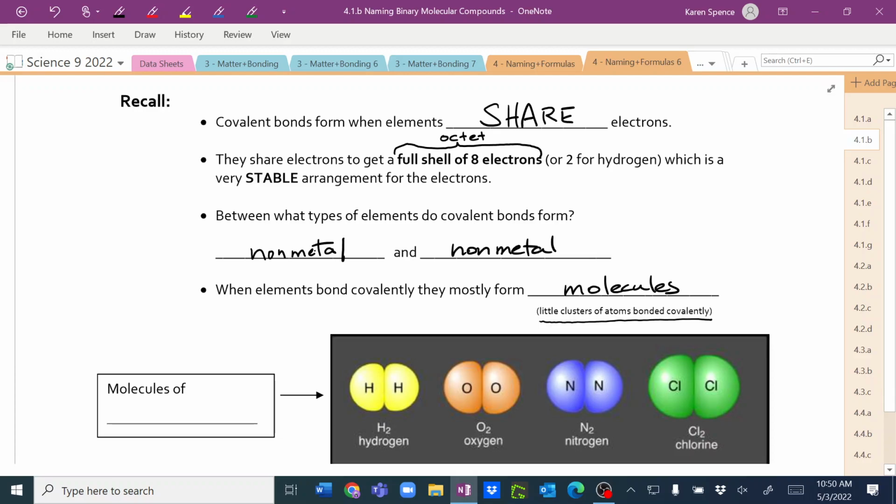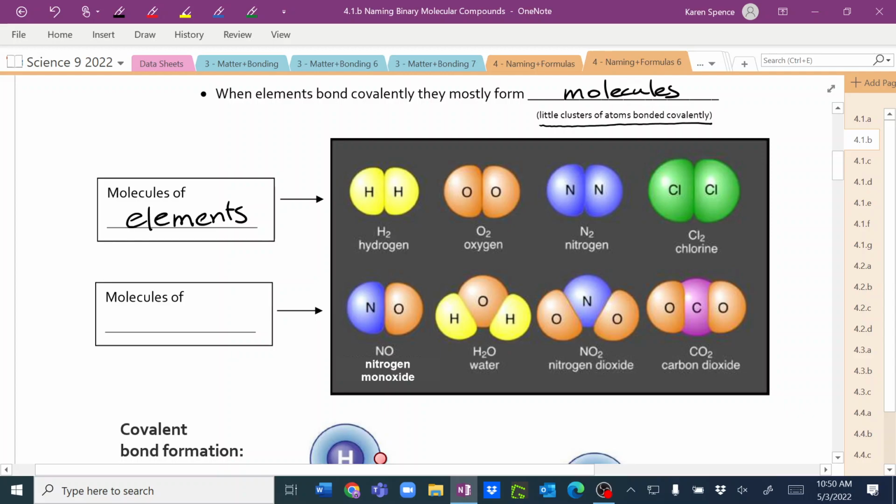They are diatomic, and what type of substance are they? They're nonmetals, they are elements. So they are molecules of elements. But you can also have molecules of compounds. And we've got some lovely little space filling models there.